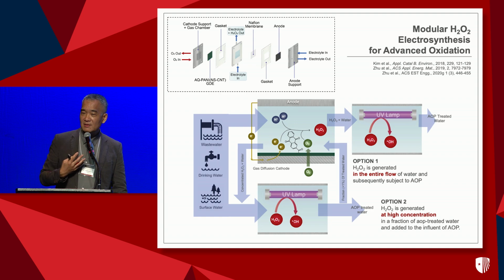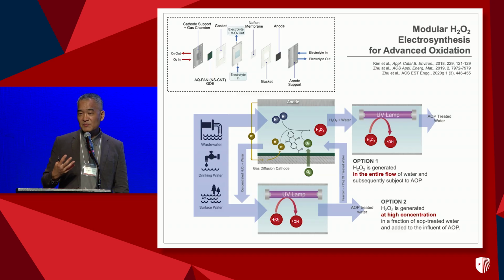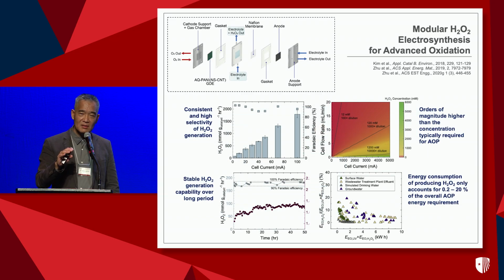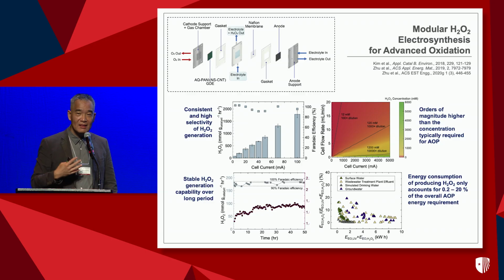So people like us are thinking about having a system that can produce hydrogen peroxide on site by just plugging into the electricity wall. So this is the modular hydrogen peroxide synthesis cell that produces just about the right amount of hydrogen peroxide by oxygen reduction from atmospheric oxygen and produces hydrogen peroxide on the cathode.